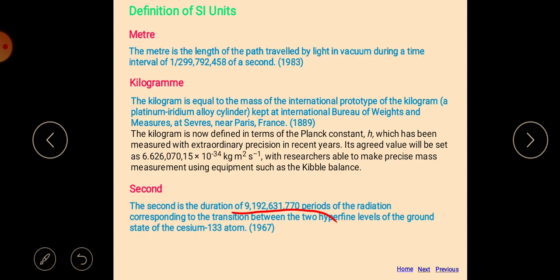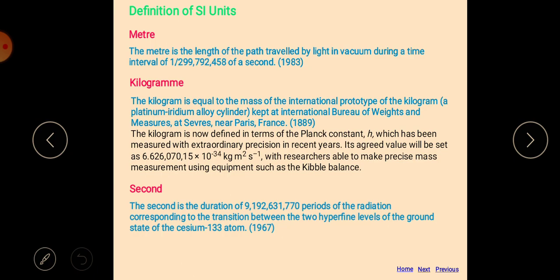At your level, I have to give some discussion about what is the meaning of transition. Generally, what happens in atoms, whenever an electron gets some energy from outside, it will jump to a higher energy level of the atom and stays there for a very small interval of time, and comes back to the lower level, and this is known as transition.